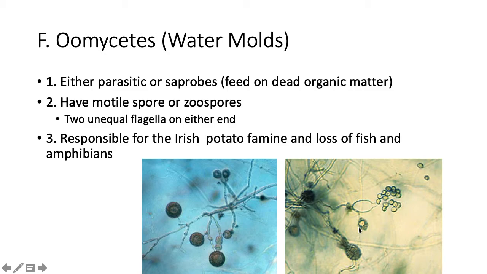Oomycetes, or water molds, are actually responsible for the Irish famine that occurred back in 1845 to 1847. About 400,000 people died from the Irish potato famine. And Oomycetes are kind of the leading hypothesis for the loss of fish and amphibians in ecosystems.